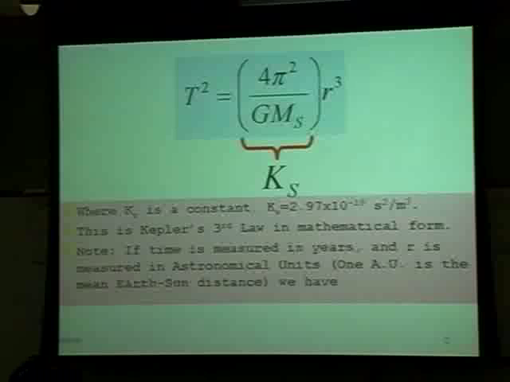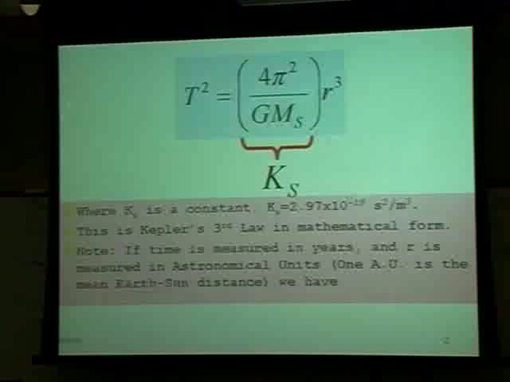Note that if you didn't measure time in seconds and distance in meters, and instead measured time in Earth years and distance in Earth-Sun distances, called the astronomical unit, the Earth takes 1 Earth year to go around the sun, and the Earth is 1 astronomical unit from the sun.